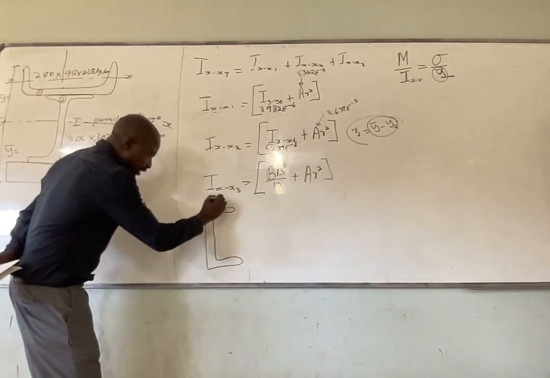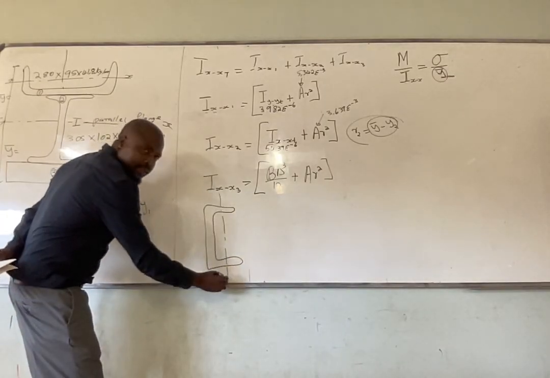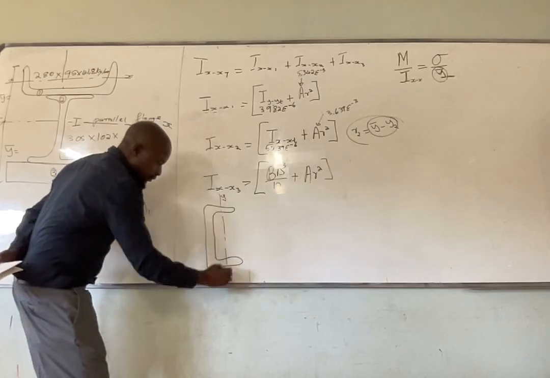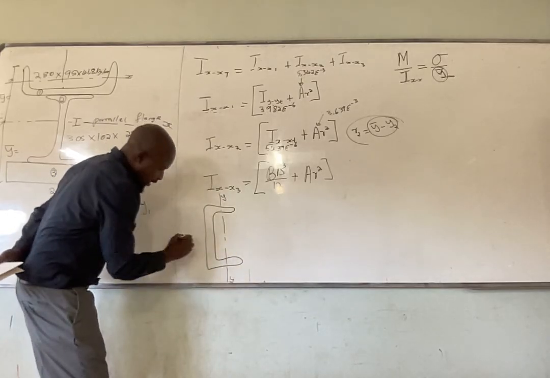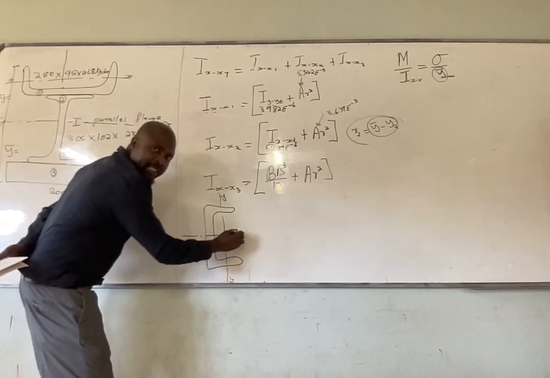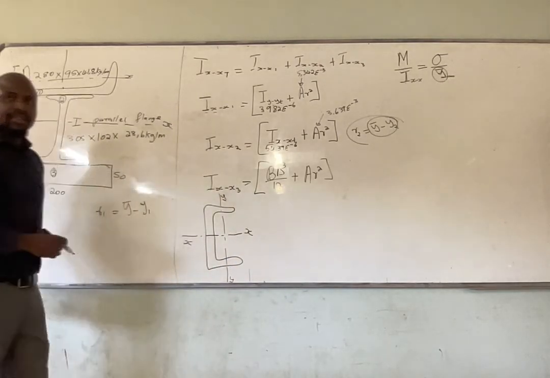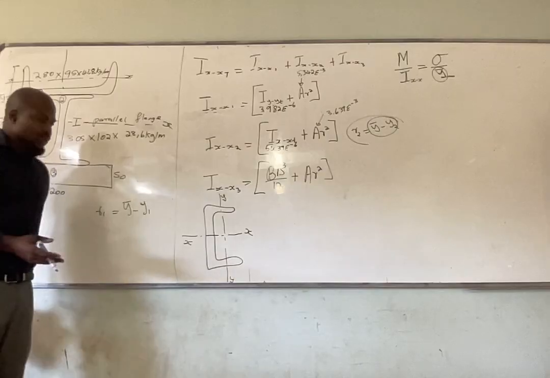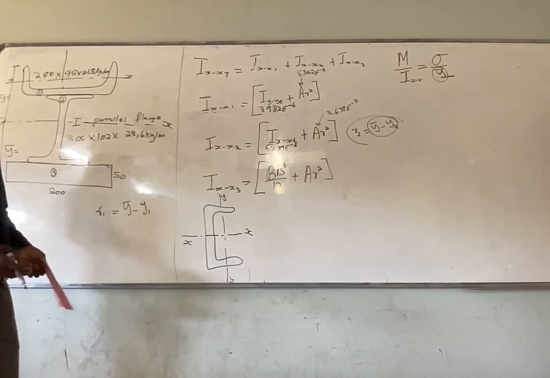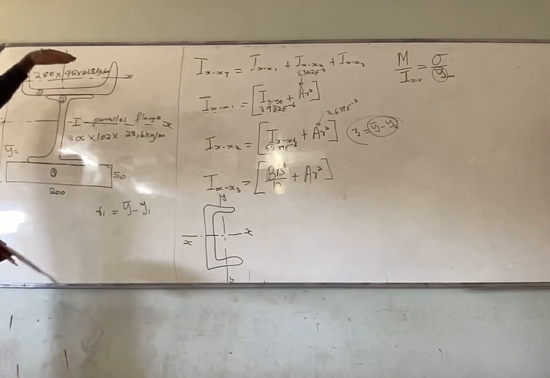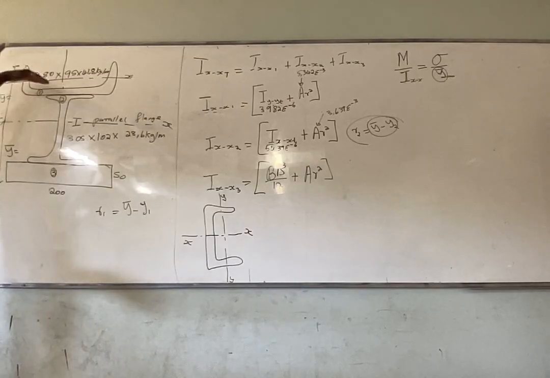And here they have indicated this line, which is our YY, right? And this one here, they have indicated XX. You get that part, ne? So, what are we calculating here? We are calculating Ixx.